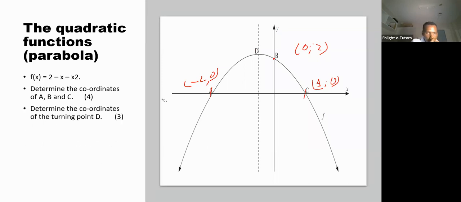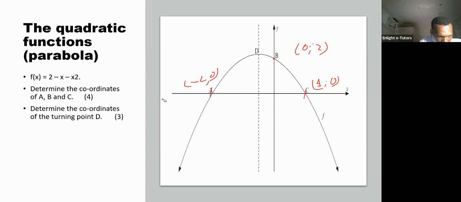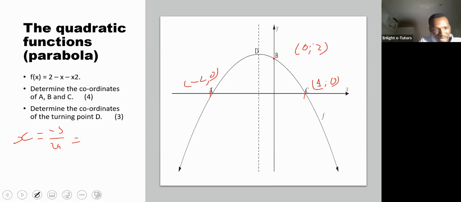And then they say determine the coordinates of the turning point. You understand? Yes. You remember that the x value of a turning point is -b over 2a. Which means -(-1) divided by 2 into -1.